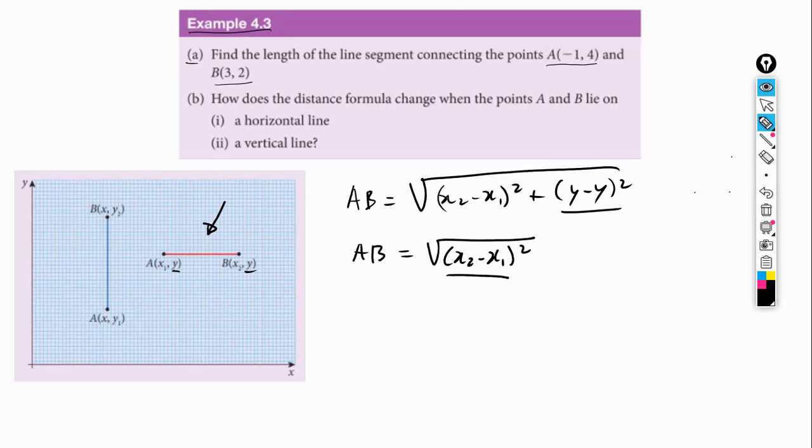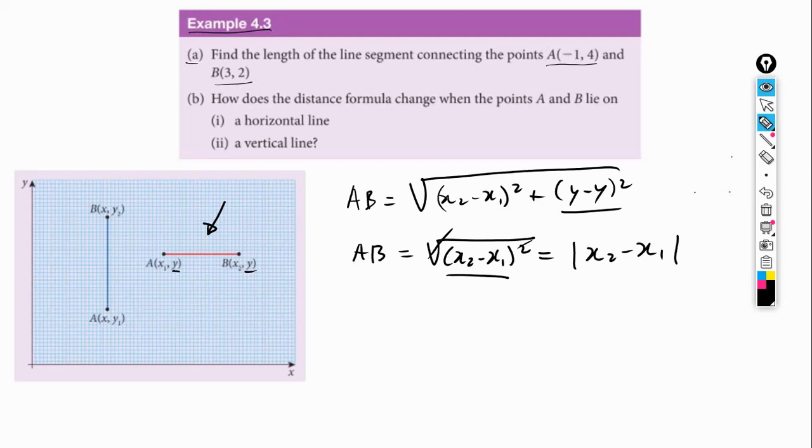But we can take this expression out of the square root, right? These two would cancel out, and then we would get that this is the absolute value of x2 minus x1. Now, why do I use absolute value? Because depending on x2 and x1, we could get a negative number here, and because we're talking about lengths, the answers have to be always positive.